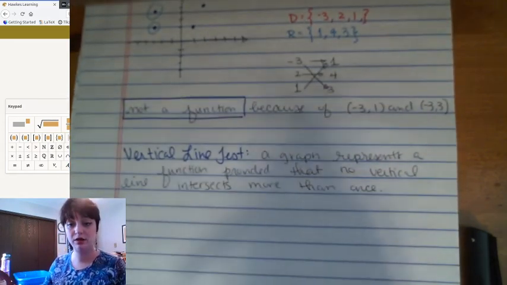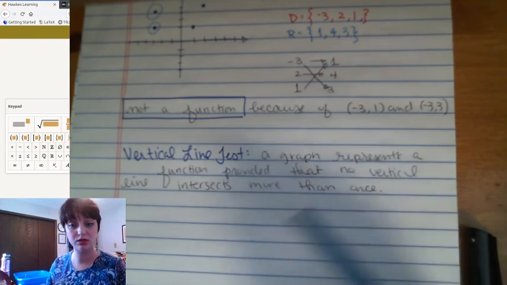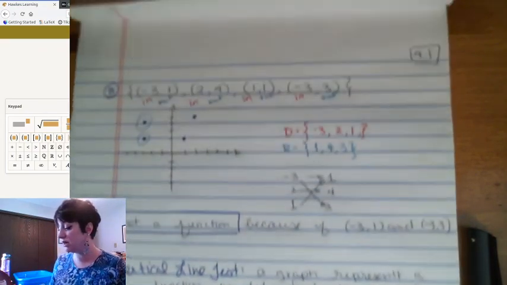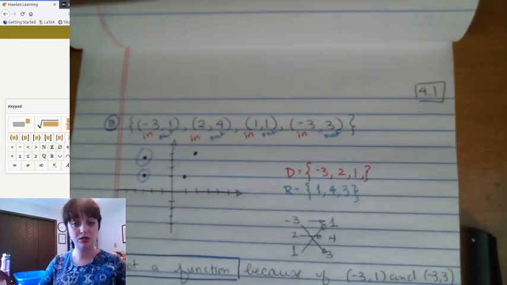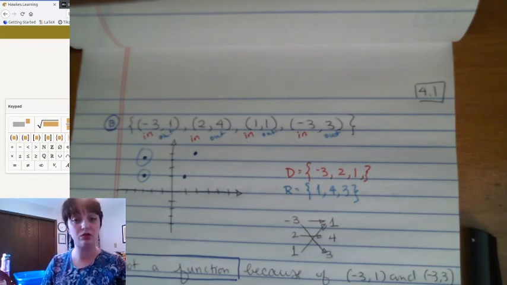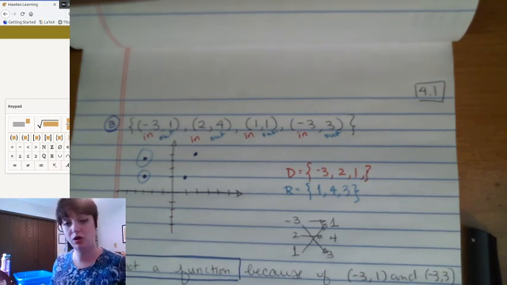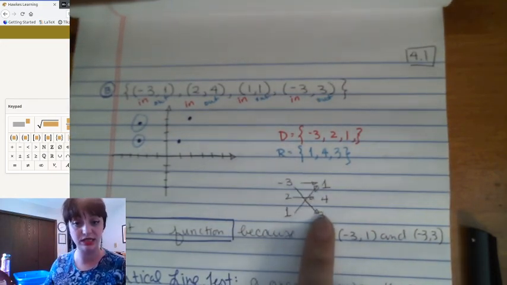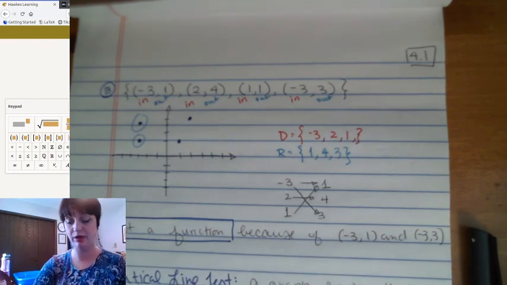If a vertical line intersects more than once, your graph does not represent a function. Domain is about x values, so imagine what shadow the graph would cast on your x-axis for the domain, or on the y-axis for the range. Draw this thing if you have points. Sometimes this is easy to see whether or not it's a function.